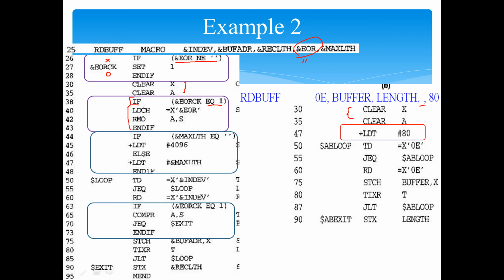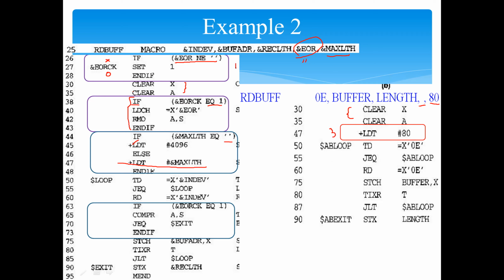Then again, if max length equal to null, but max length is not null. For max length, we have passed the value 80. So you have this statement expanded, plus LDT &max length. That is why you have the third block which got expanded.